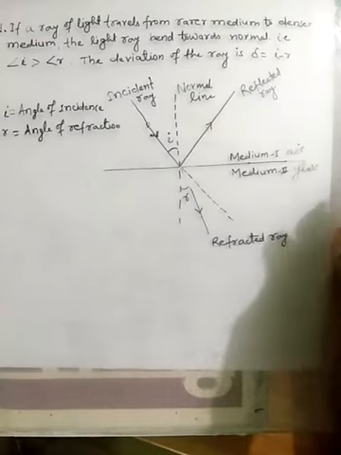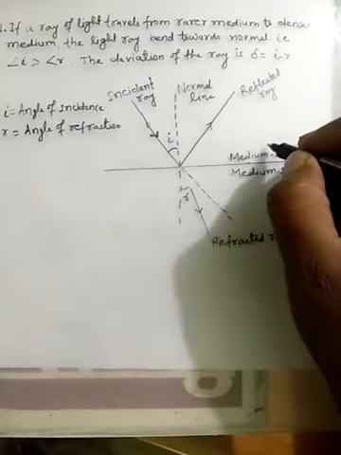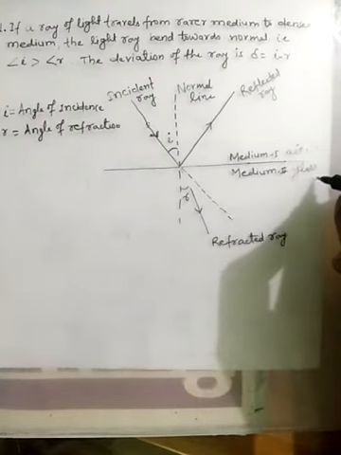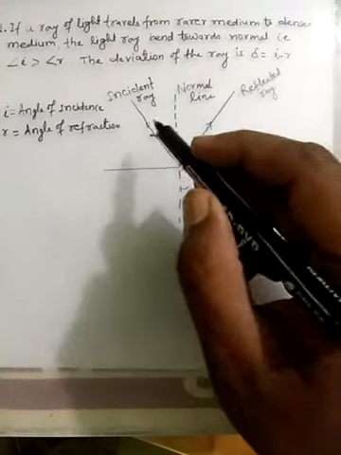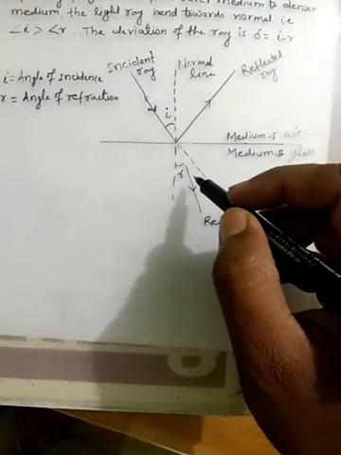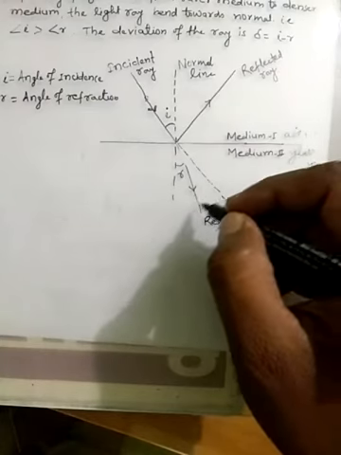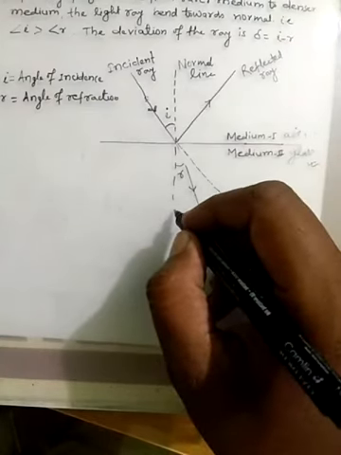Both are denser as compared to air. In this condition, the incident ray after refraction bends towards the normal.